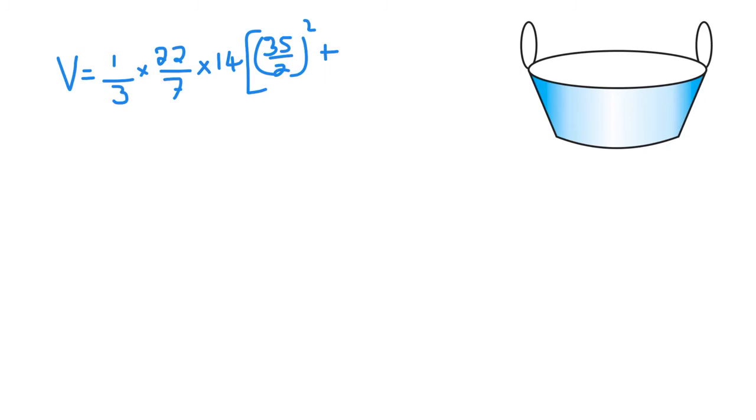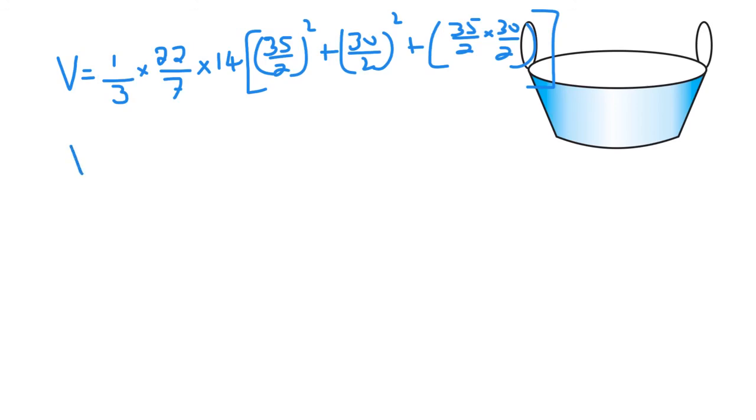The diameter is 30, so it is going to be 30 over 2 squared, plus R1 times R2, which is 35 over 2 times 30 over 2, and now we can easily calculate. When we do the calculation, the volume of the frustum is going to be 11,641.7 centimeter cube.